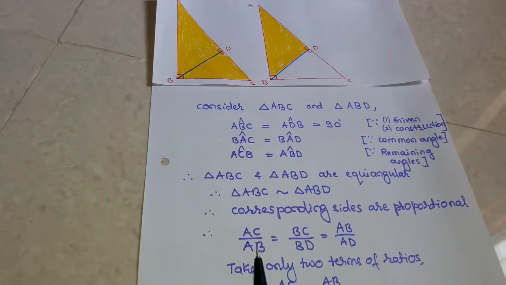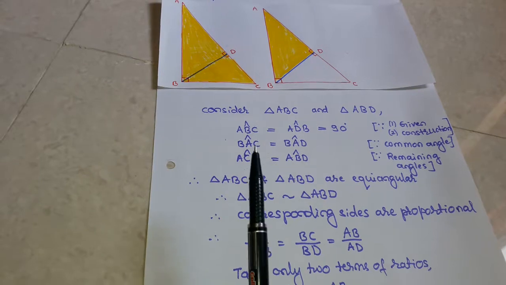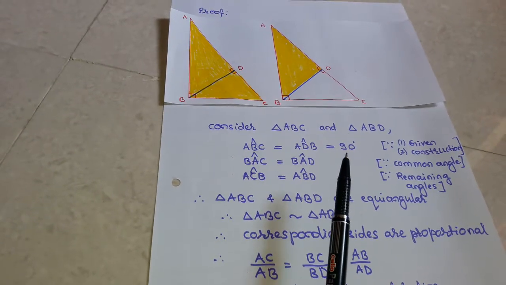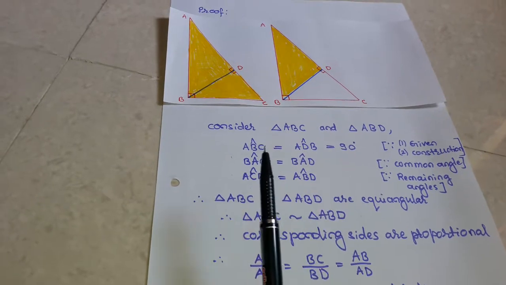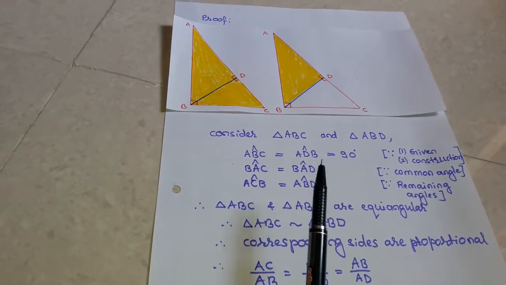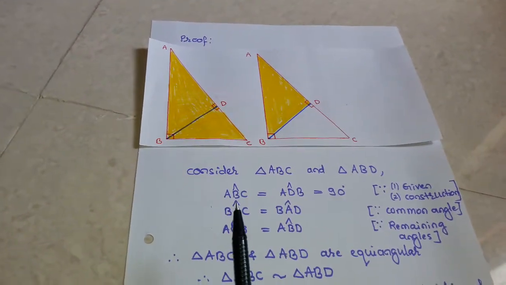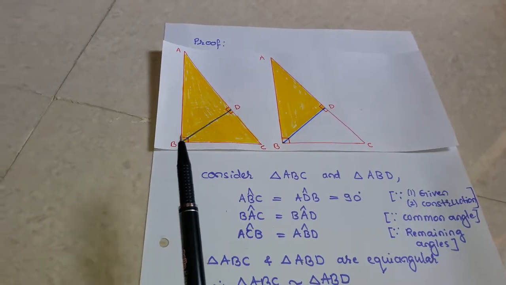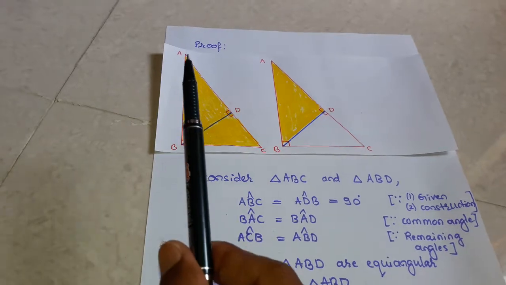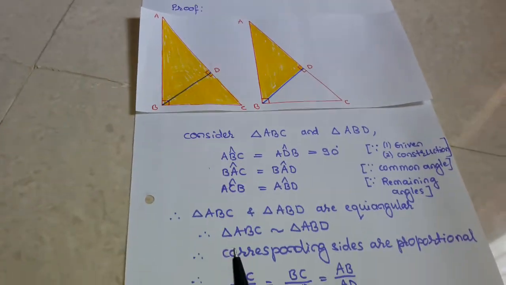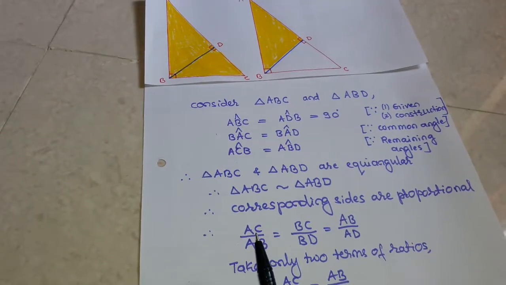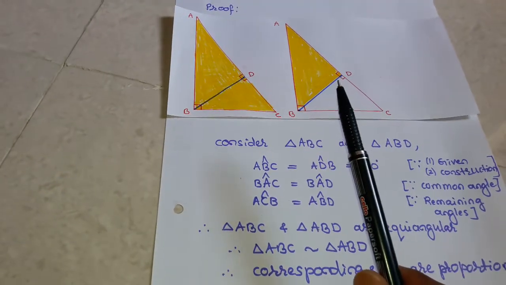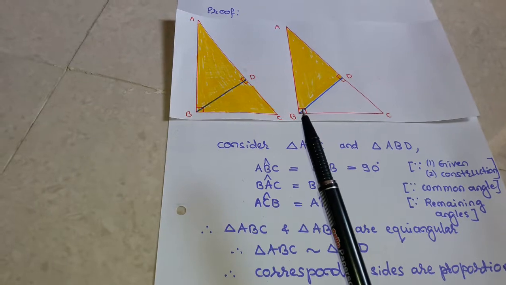First pair, AC by AB, is written by making use of this pair of angles that are equal to 90 degrees, by writing the sides that are opposite to these two angles. In the bigger triangle, angle ABC is 90 degrees, opposite of that is this side AC. So AC is written. And in this smaller triangle ABD, it is here the 90 degrees. This is not the 90 degrees.